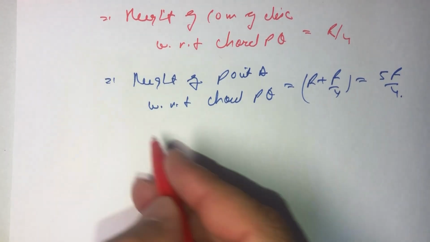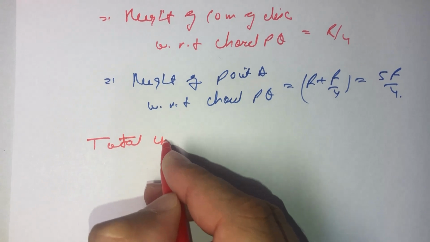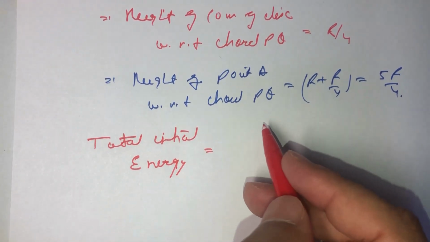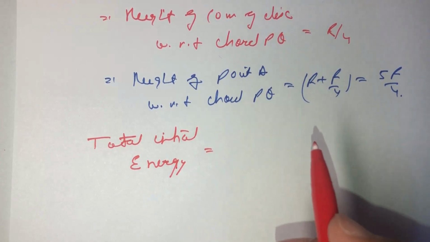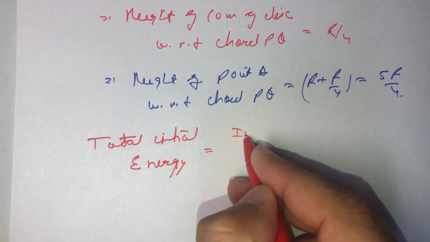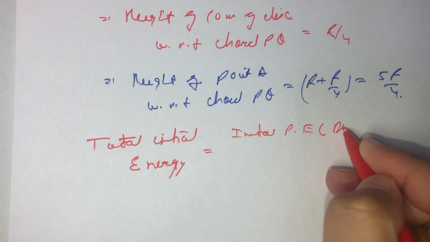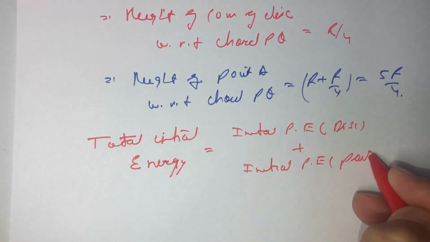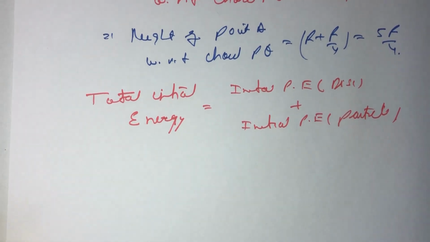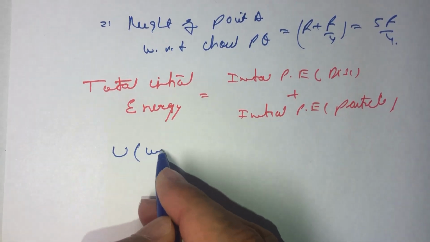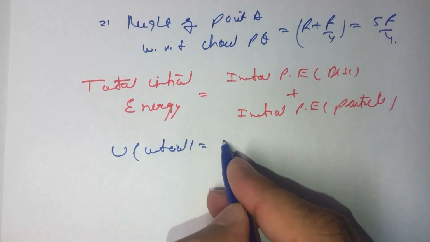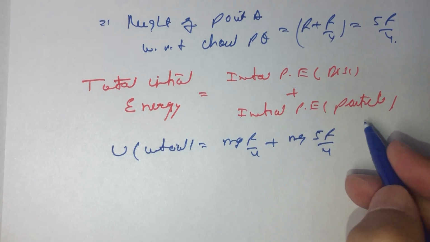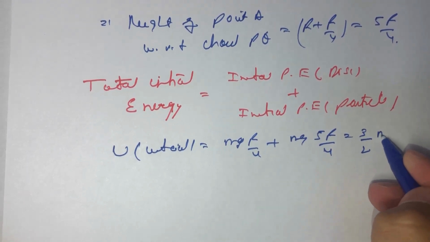So we can say total initial energy is equal to initial potential energy of the disk plus initial potential energy of the particle, their summation. So U initial is equal to mg R by 4 plus mg 5R by 4, and this comes as 3 by 2 mgR.